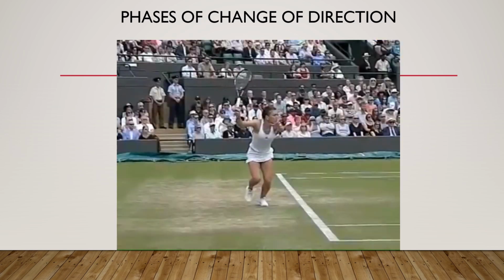So there's clearly three distinct phases to any change of direction. We need that initial deceleration to slow us down. We then need that transition, where we go from the deceleration into the re-acceleration phase, where we can then go into the next shot or the next movement.